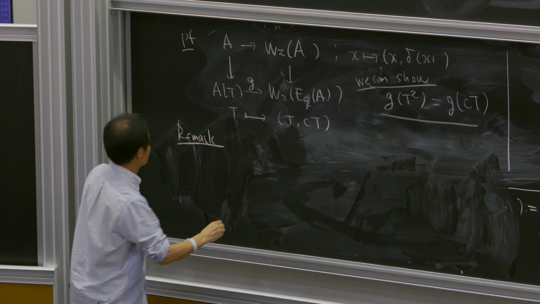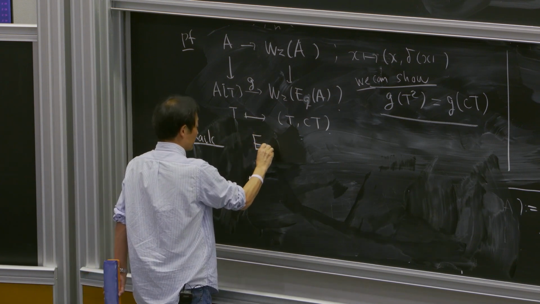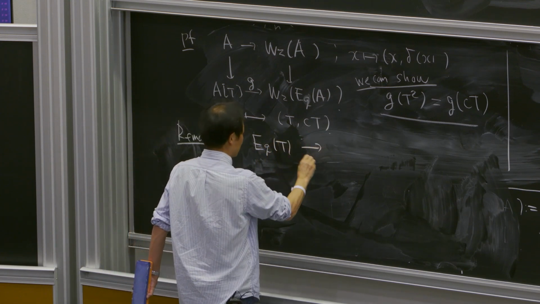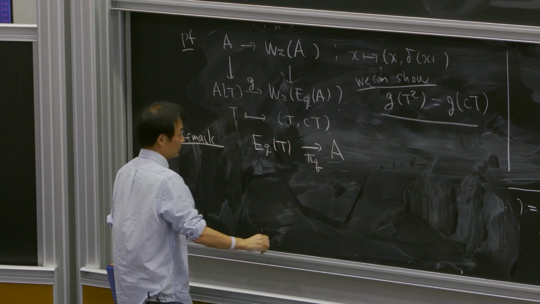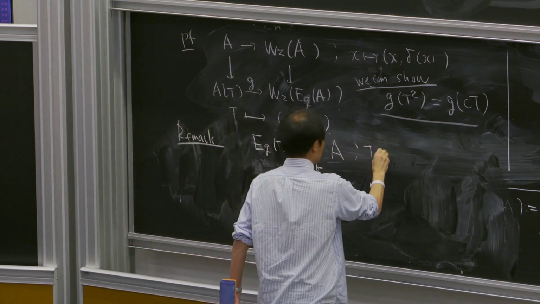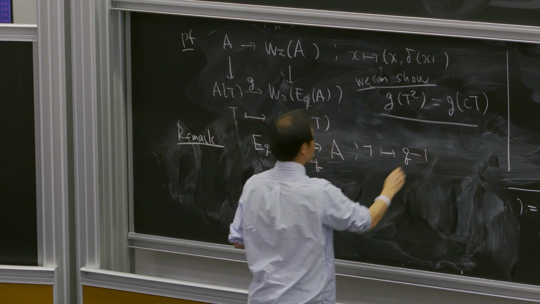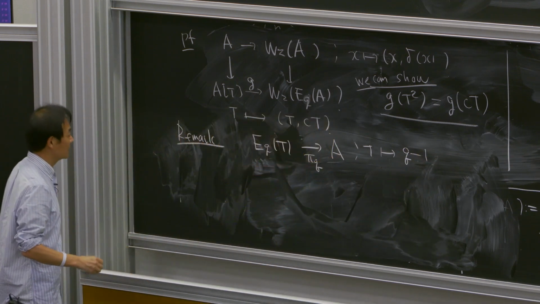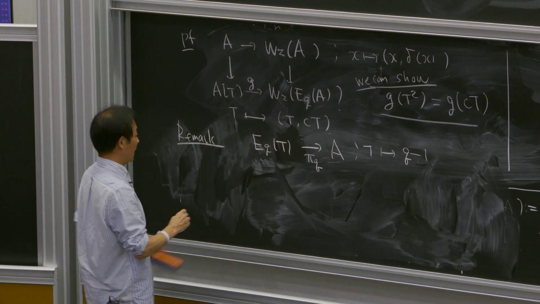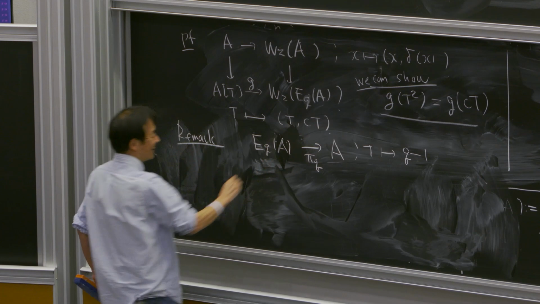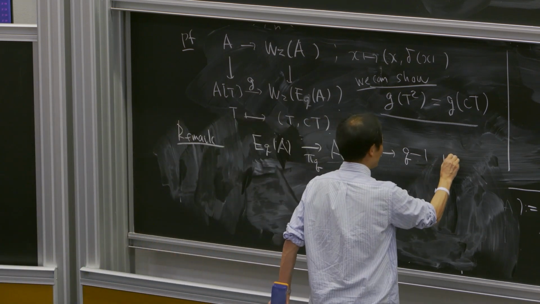A remark is that from E_q of T, we have another map. I write it as pi sub q, which sends T to q minus 1. And so then this is a delta homomorphism.